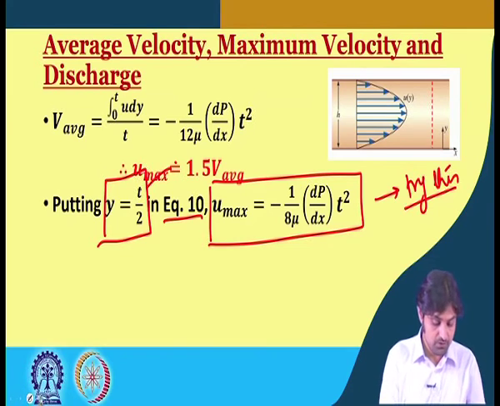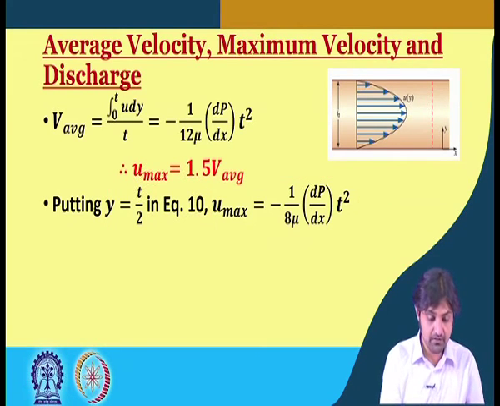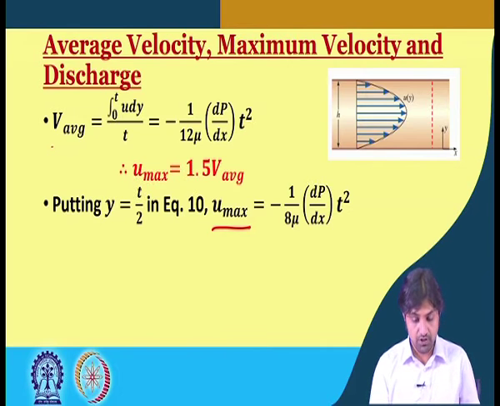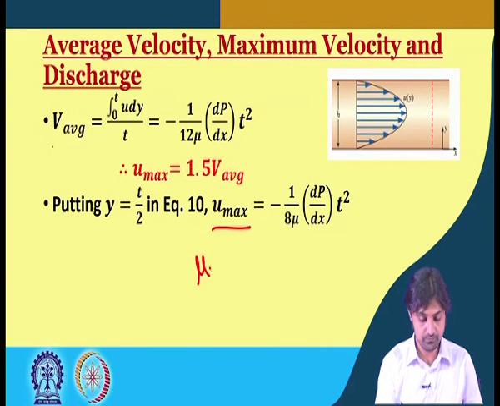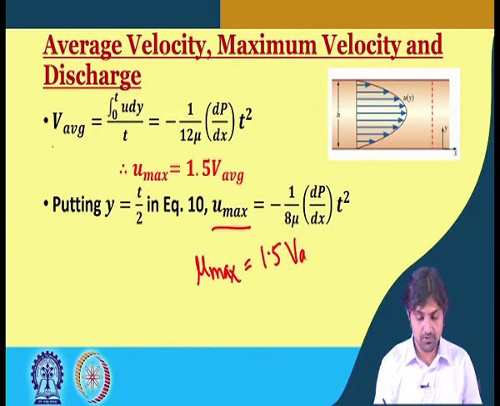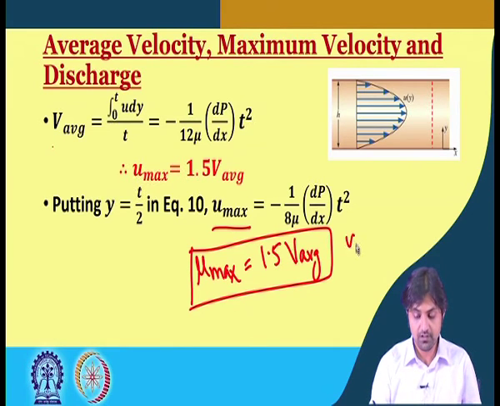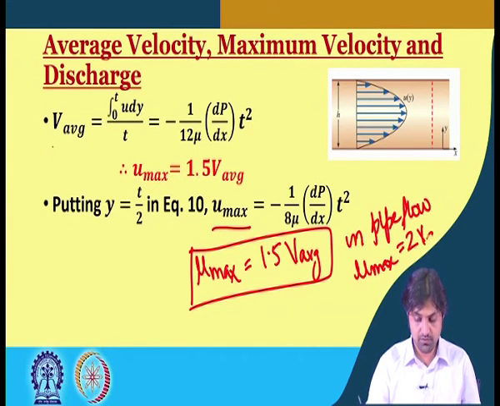All right. So if you divide u max by v average, what we get is u maximum is 1.5 times v average. In the pipe flow it was u max was 2 times v average.